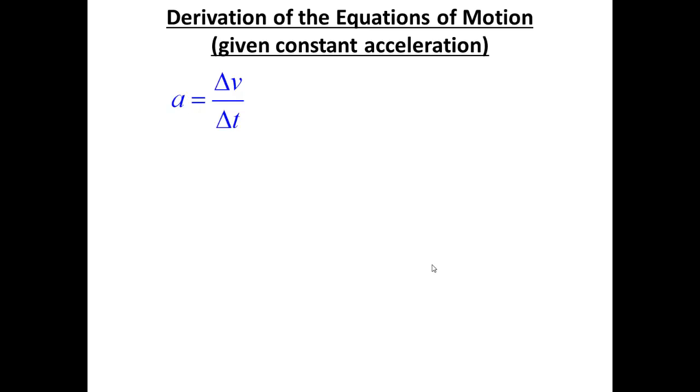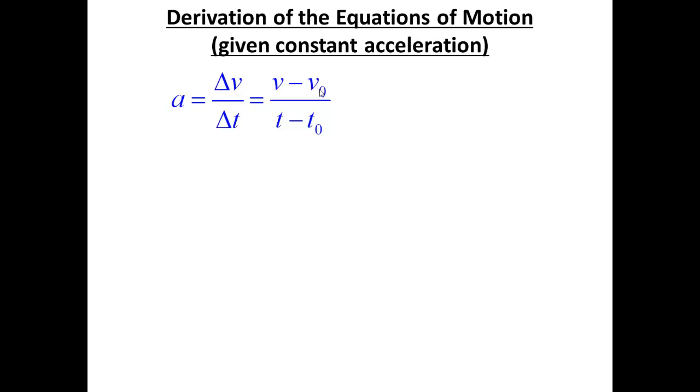The first one is this definition of acceleration. Acceleration is just the change in velocity over the change in time. Anytime you see that little triangle, that's just the Greek letter delta. And in math and science, delta represents change. So acceleration is the change in velocity over the change in time. Now, change is just whatever your current velocity is, let's call it v, minus your initial velocity.